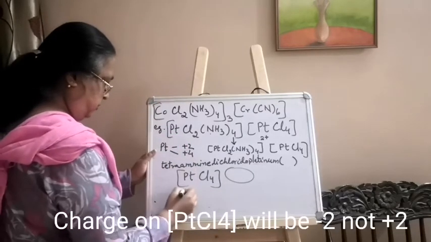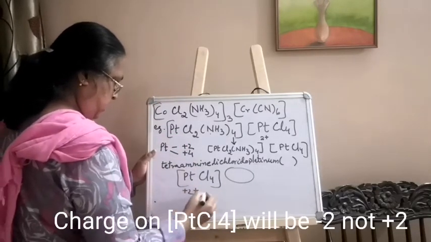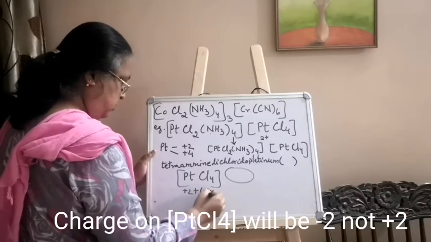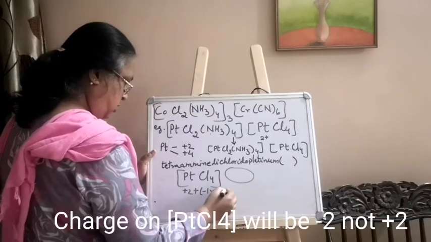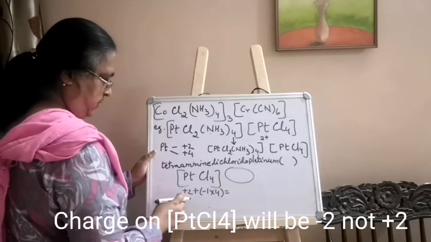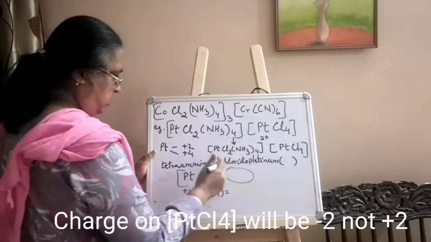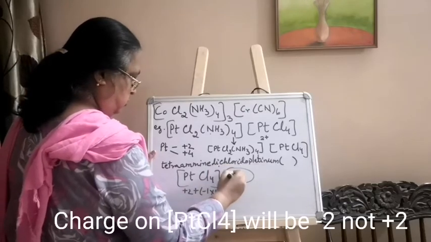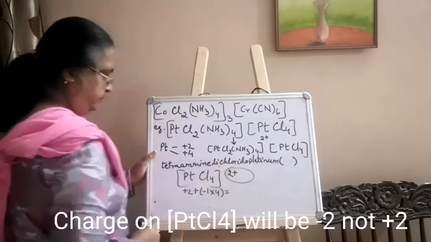Platinum could be plus 2, so plus 2 plus minus 1 into 4, which is minus 4, gives minus 2. The net charge will be minus 2.